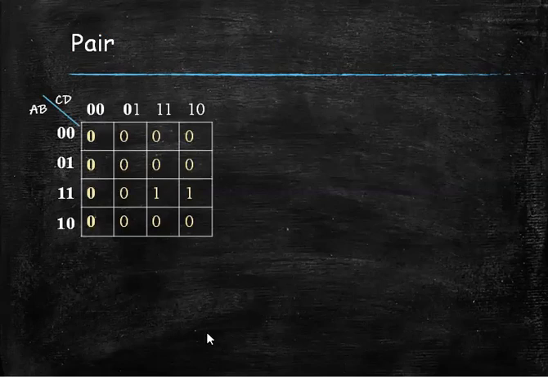Here, look at it, it is a 4 variable map. Here there are 2 adjacent ones, so we can take them as a pair.